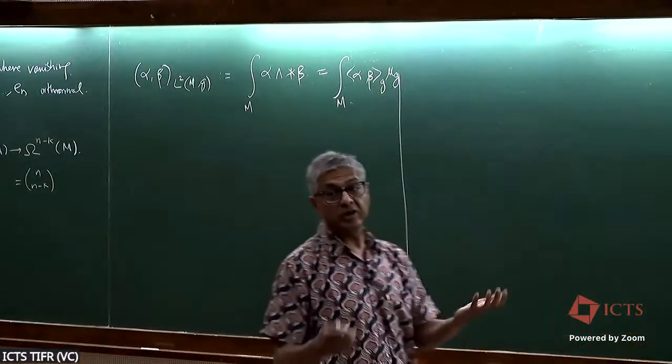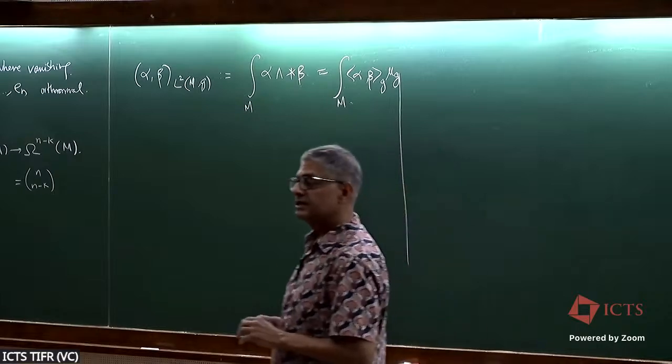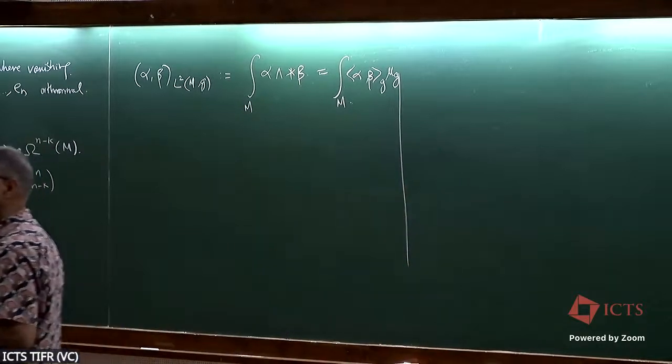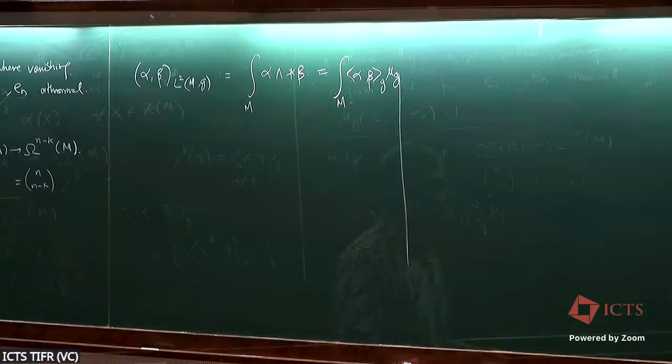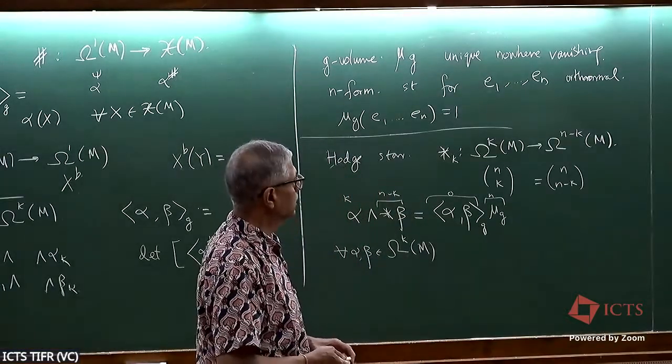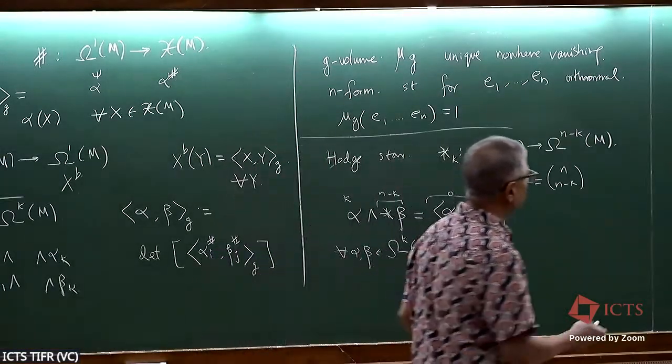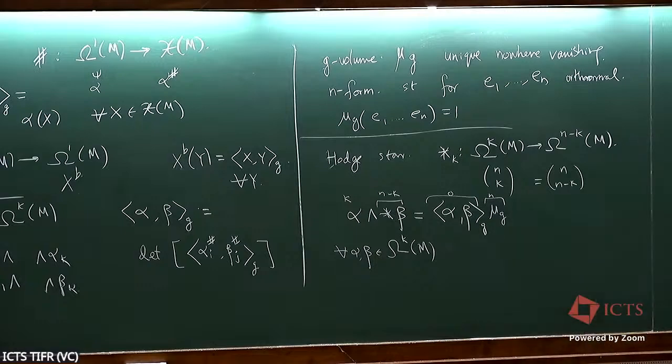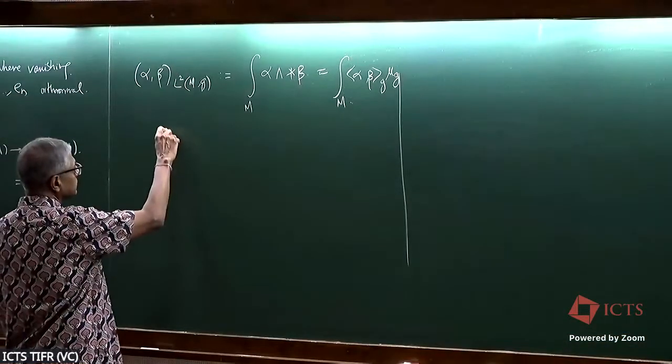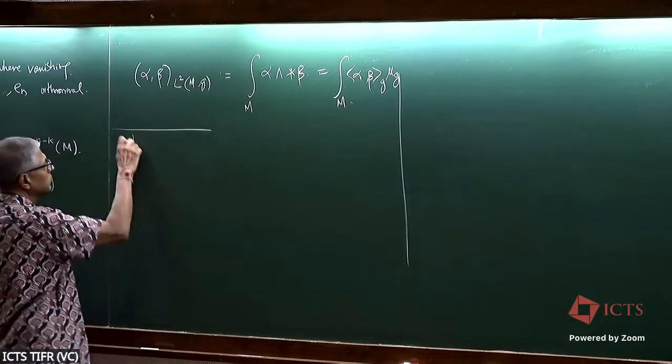What's important for us is this k to n minus k isomorphism. So we would like to introduce that into DEC in a very geometric, intuitive way. So let me start with a drawing. What you do is, now we want to do a discrete Hodge star.